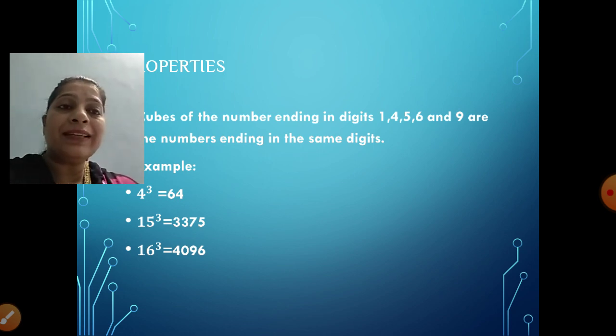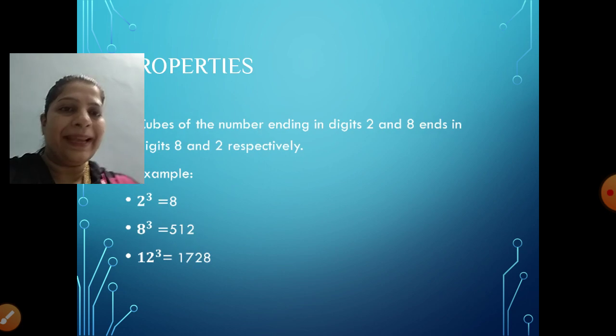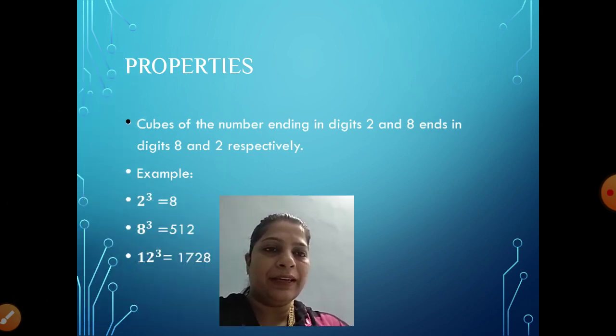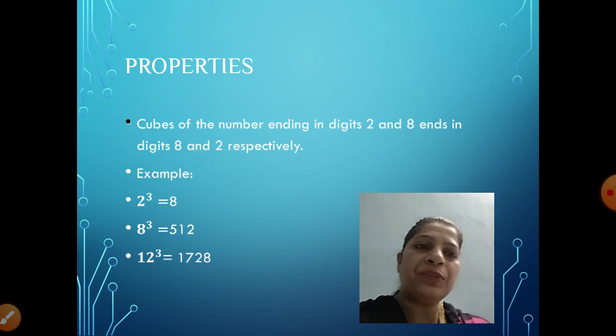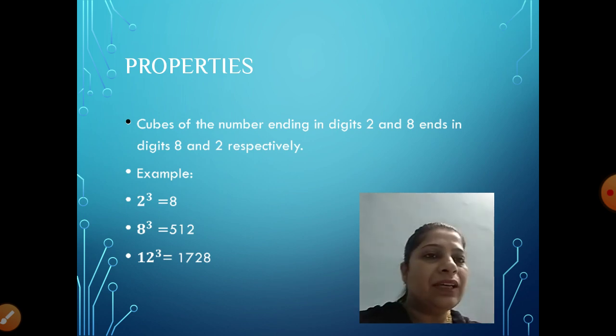Okay, then where are the changes? The changes are in 2, 3, 7 and 8. So let us see the next property. What is written here? Cubes of numbers ending in digit 2 and 8 end in digit 8 and 2 respectively. There is an interchanging of the digits. 2 ends with 8 and 8 ends with 2. So simple.